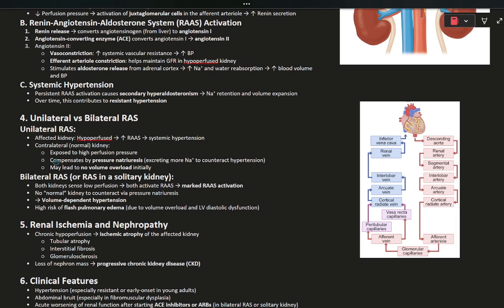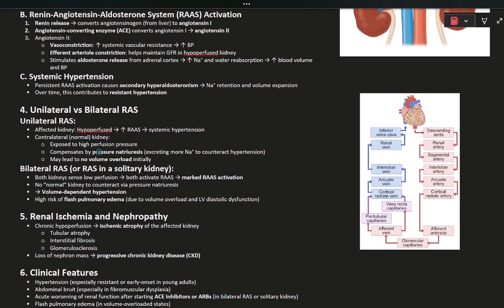As a result of this, the normal kidney will be exposed to high perfusion pressure and is going to compensate for this change by pressure natriuresis. So it does this by excreting more sodium to counteract the hypertension. This may lead to no volume overload initially, but the basic principle is that there's going to be natriuresis, or excretion of sodium, due to the increased perfusion pressure.